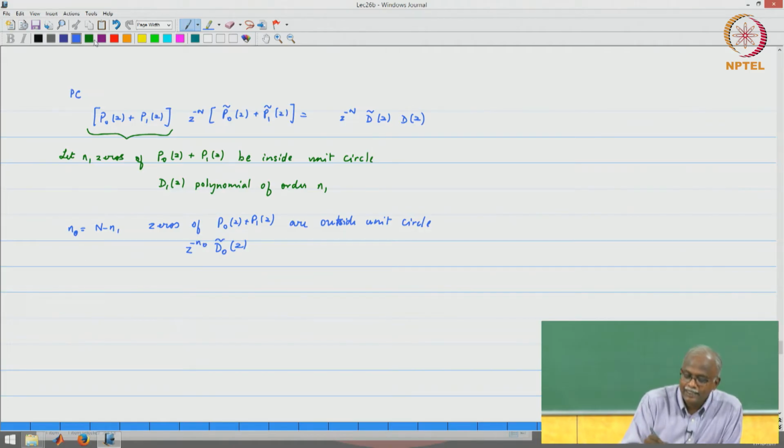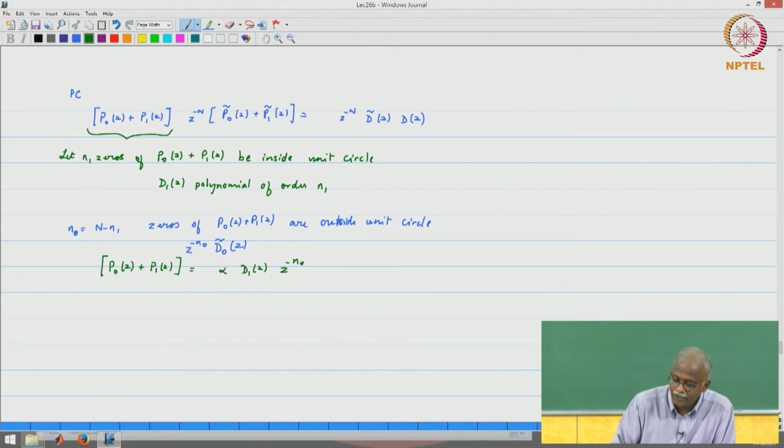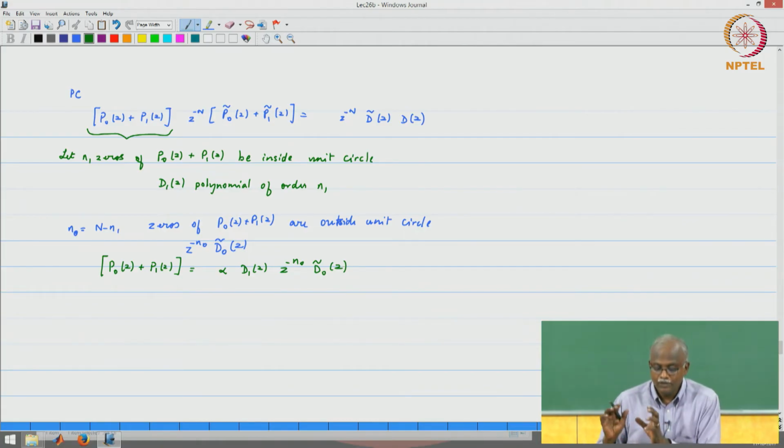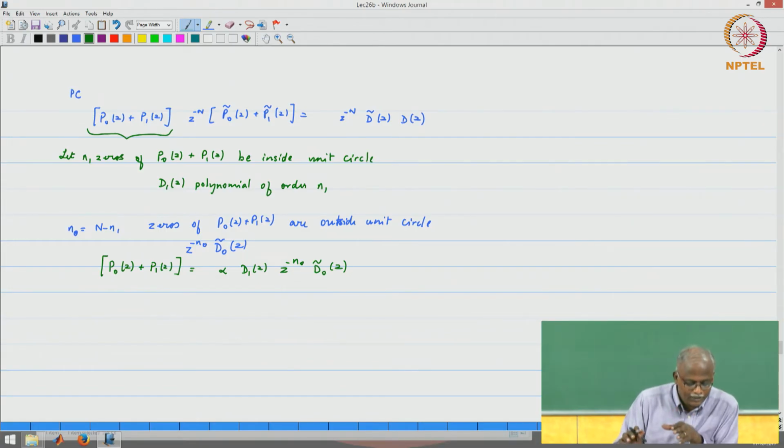So then I can write an expression for P naught of Z plus P1 of Z. This is equal to some proportionality constant alpha times d1 of z, z power minus n naught d naught tilde of z. Zeros outside the unit circle have to be part of d tilde. So I am using the notation d naught tilde to be some factor of d tilde of z, and this is a useful form for us.